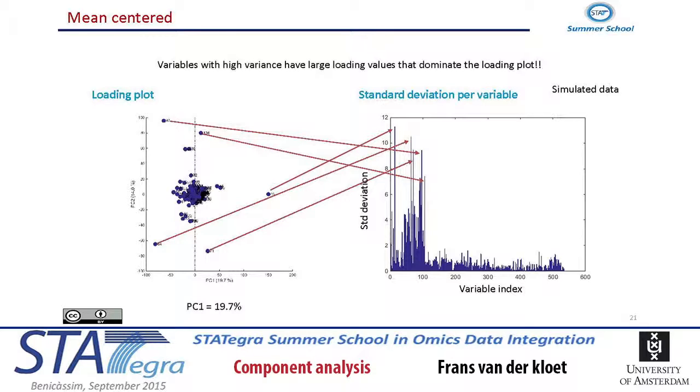And what you see is if I do a PCA plot, the ones with the large variance dominate the loading plot. So you would think that they would have the largest effect, even if they don't. So you always have to take care that you use the proper scaling method.